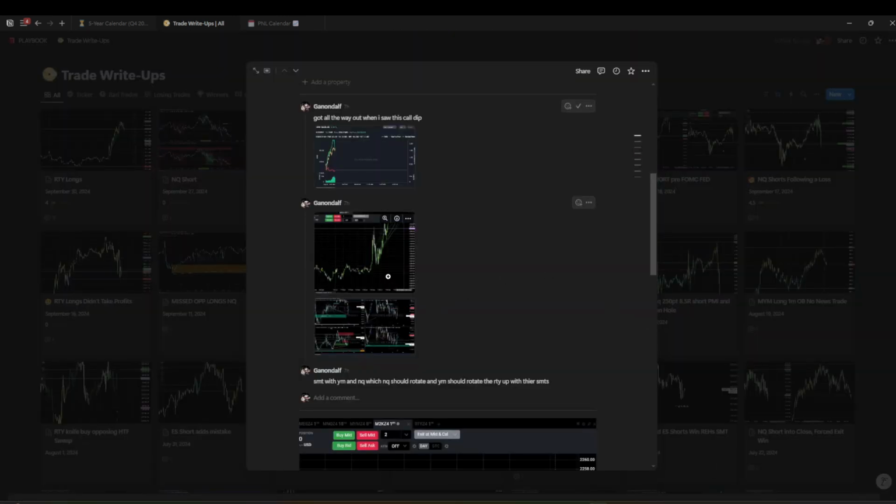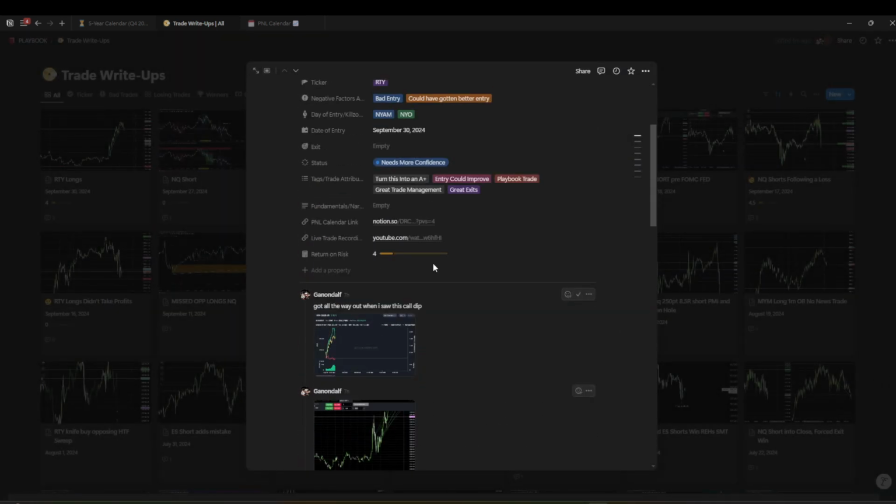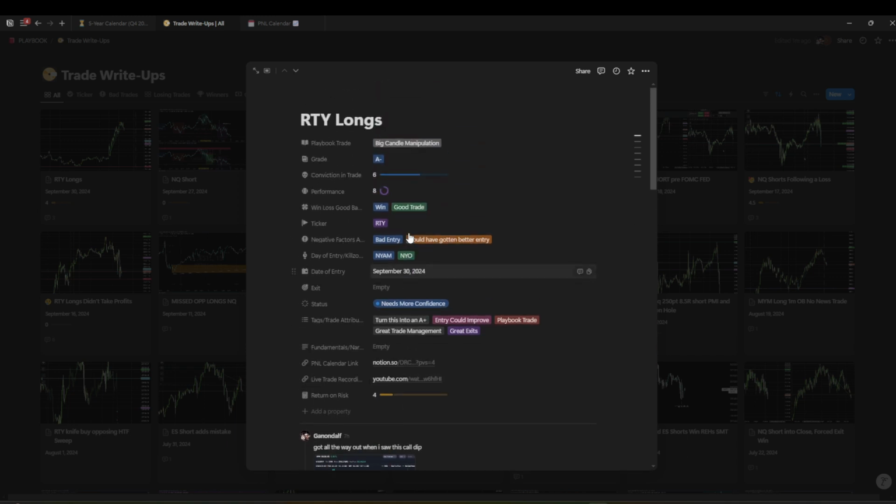And then the flow. Here's exactly what I saw in the flow. Sorry, it wasn't puts. I must have said that somewhere, but what I meant was the call dump, because that's obviously the reverse. I saw this massive call dump, and that was exactly where I exited my final runner, which is the one in question.